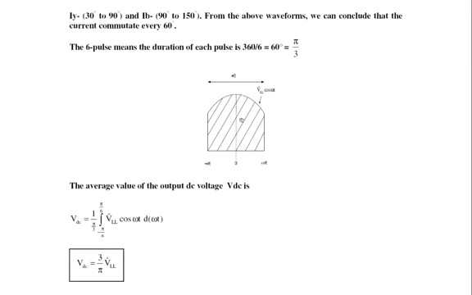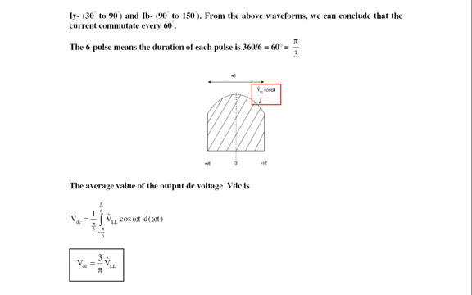Okay, as we take one of the pulses, we know that the duration of the pulse is always pi over 3, which is 60 degrees, right? And as we did for the 3-pulse rectifier, we're going to modify the pulse so that the peak of the output voltage is centered exactly at 0 here, and therefore the equation for the waveform now changes to cos theta.